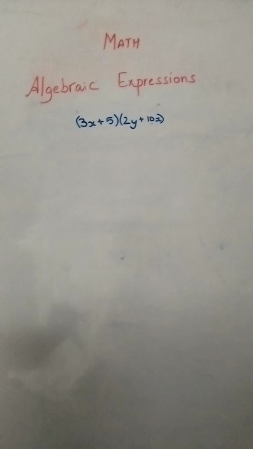We have to break this binomial up and convert it into two different monomials. How we can do that is write it as 3x into 2y plus 10x, and put this sign here, and then write 5 into 2y plus 10x.